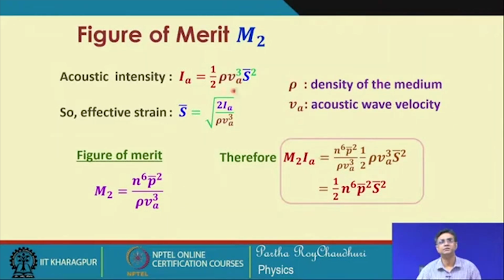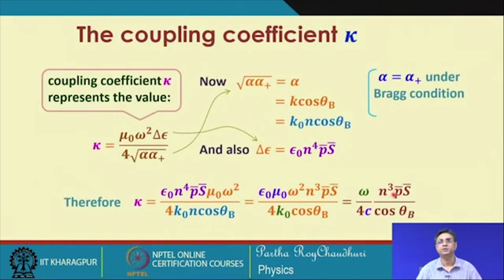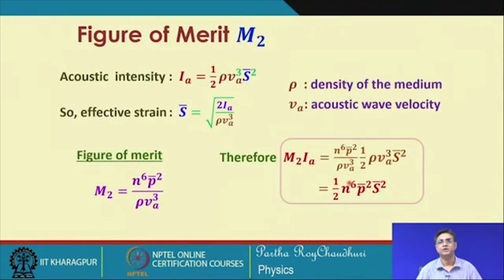Or otherwise, if you just multiply I_A into M2, we can write down this equation, and that is very useful, because n cubed P bar S bar appear in the coupling coefficient, this quantity.